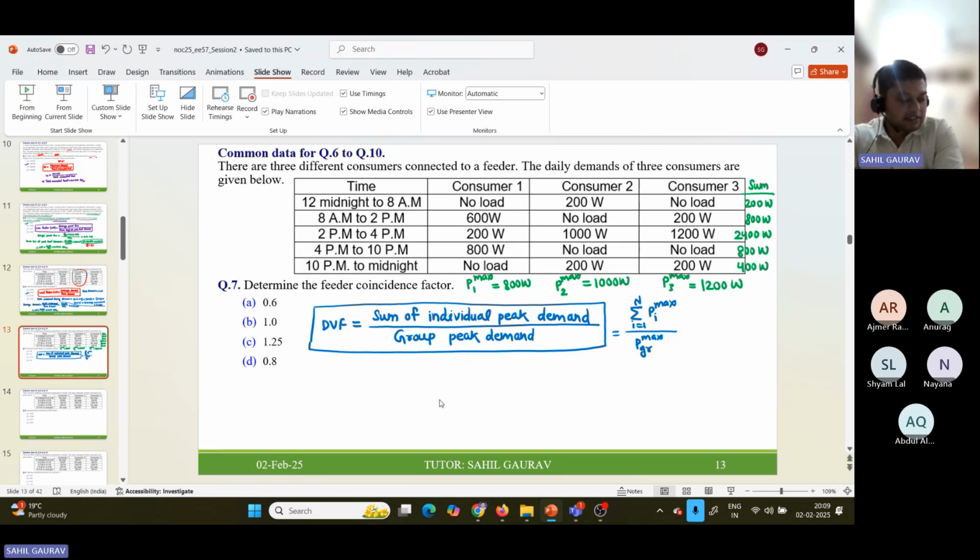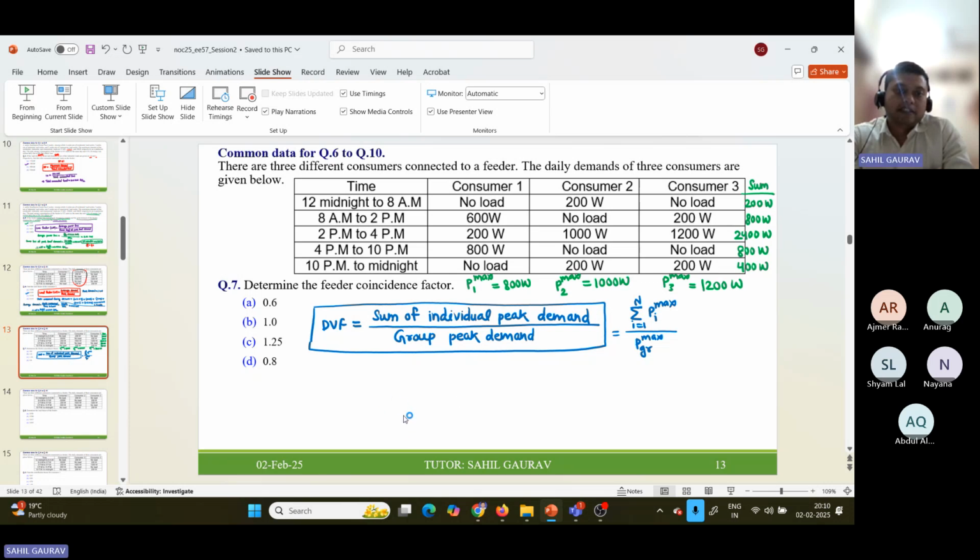And coincidence factor, if it is close to 1, then it means individual peak demand and group peak demand are coinciding with each other, they are not that much different. And if its value is very low, like 0.2 or 0.3, then they are not coinciding in nature, meaning there is a large difference between the sum of individual peak demand and group peak demand.